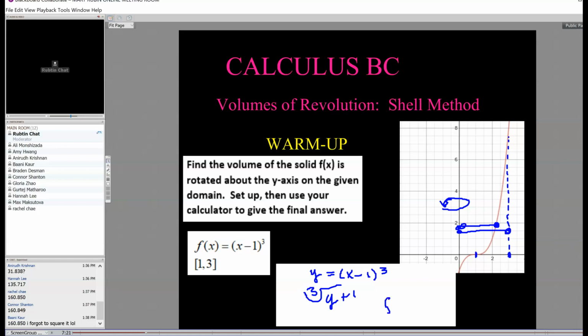And then I'm integrating from 0 to 8 of pi times big R squared, which is 3 squared, minus, I'm going to call this f of y so that I'm not repeating it, f of y squared dy.